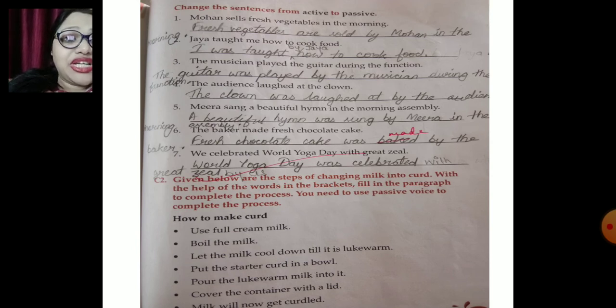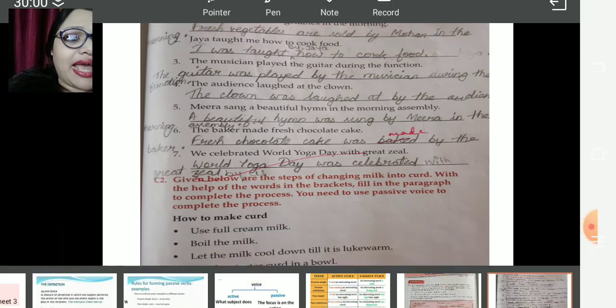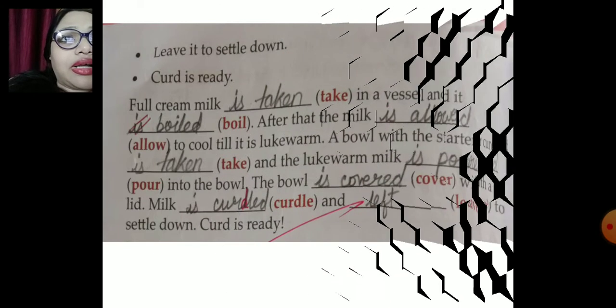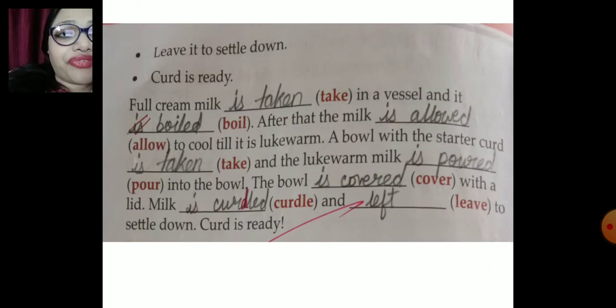Now, in number C2, which is also your classwork, the steps of changing milk into curd are given. With the help of the words in the brackets, fill in the paragraph to complete the process. You need to use passive voice to complete the process. So let's proceed with the exercise. Leave it to settle down. Okay, fine. So full cream milk is taken in a vessel and boiled.